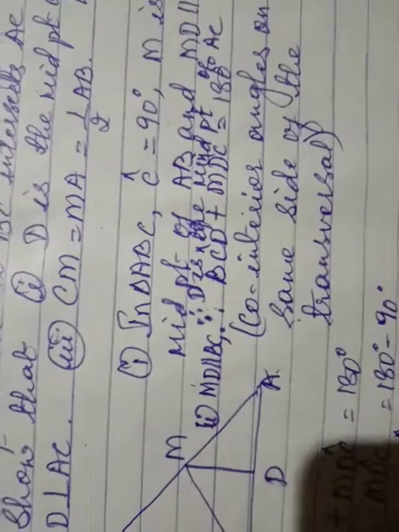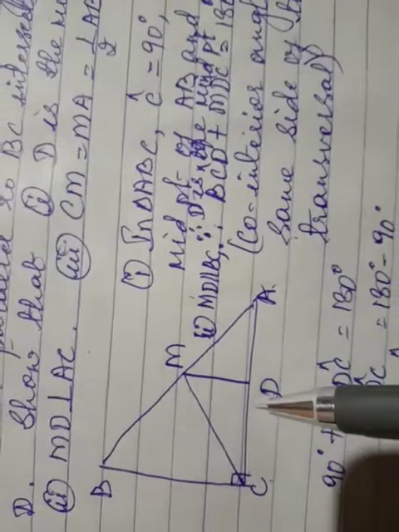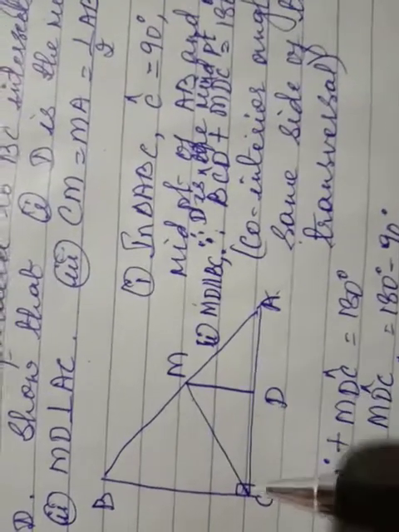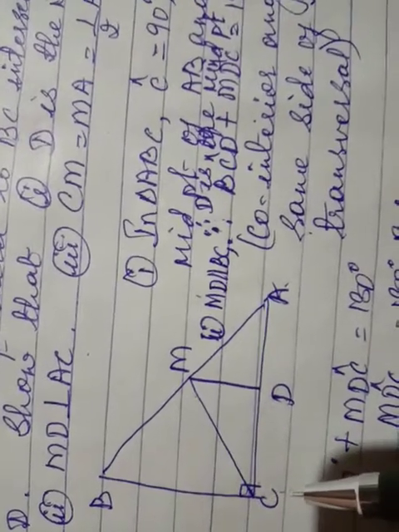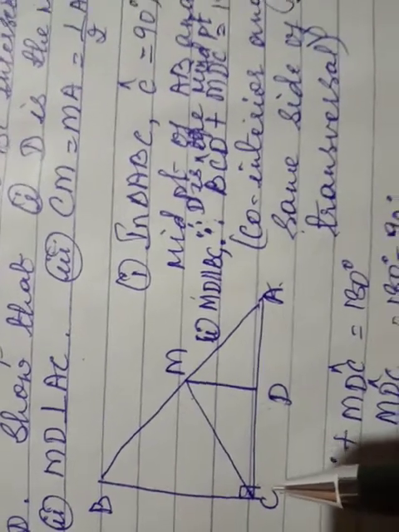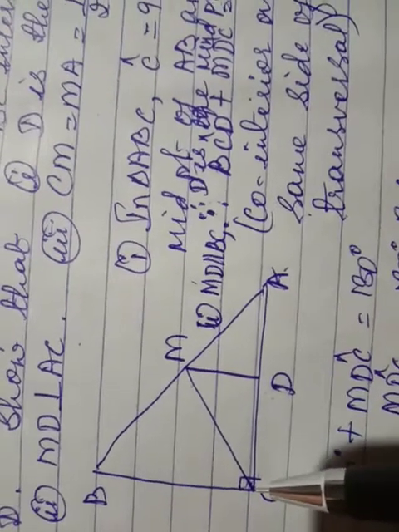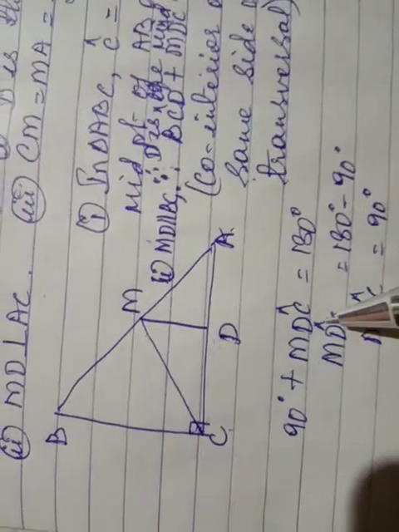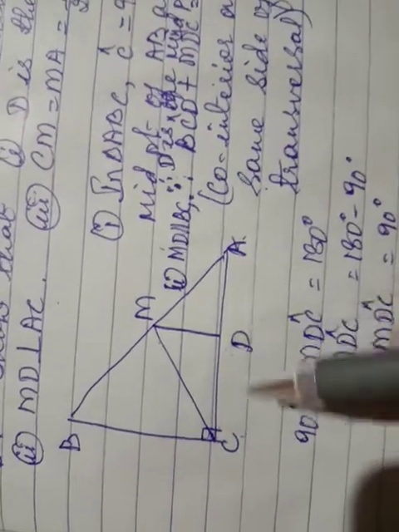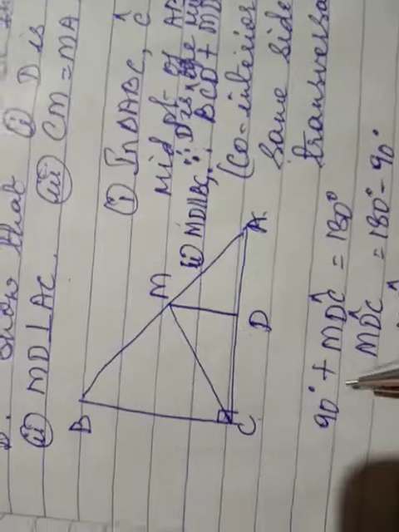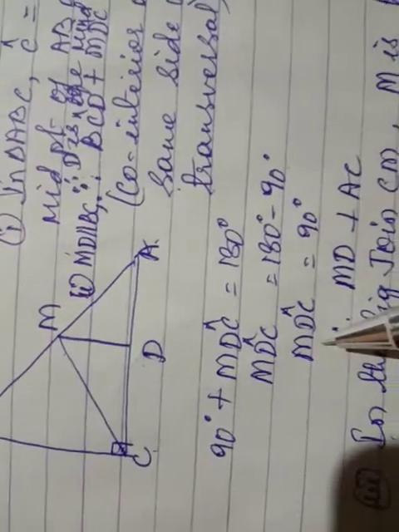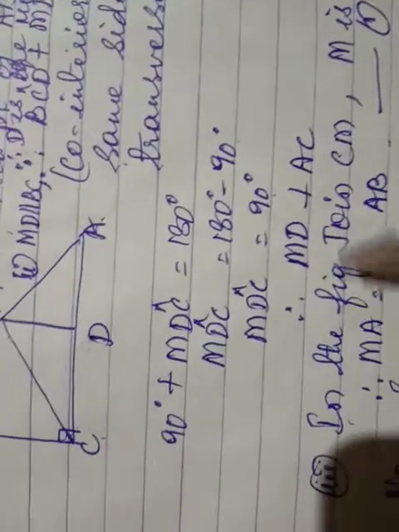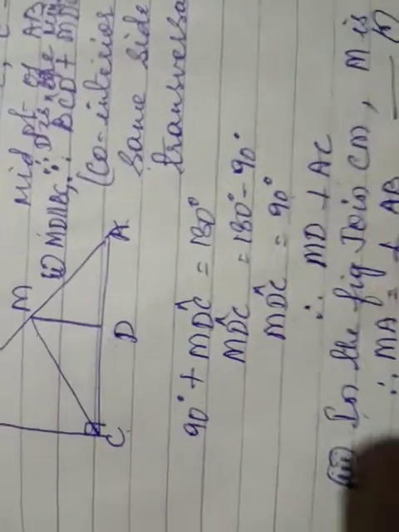The sum of these two angles is 180 degrees. Why? Since they are co-interior angles on the same side of the transversal. So 90 plus MDC is equal to 180. MDC is equal to 180 minus 90. MDC is equal to 90 degrees. Therefore, MD is perpendicular to AC.